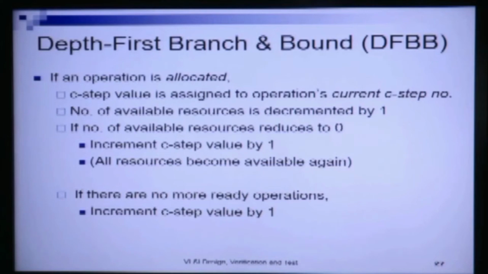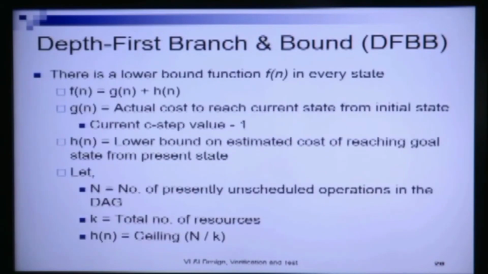And if there are no more ready operations also, I have resources but I don't have any more ready operations, then also I have to increment time to get back my resources, because after the execution of the current operations that are allocated to the resources, the resources will again become free, and currently ready unscheduled operations can be scheduled on those resources.